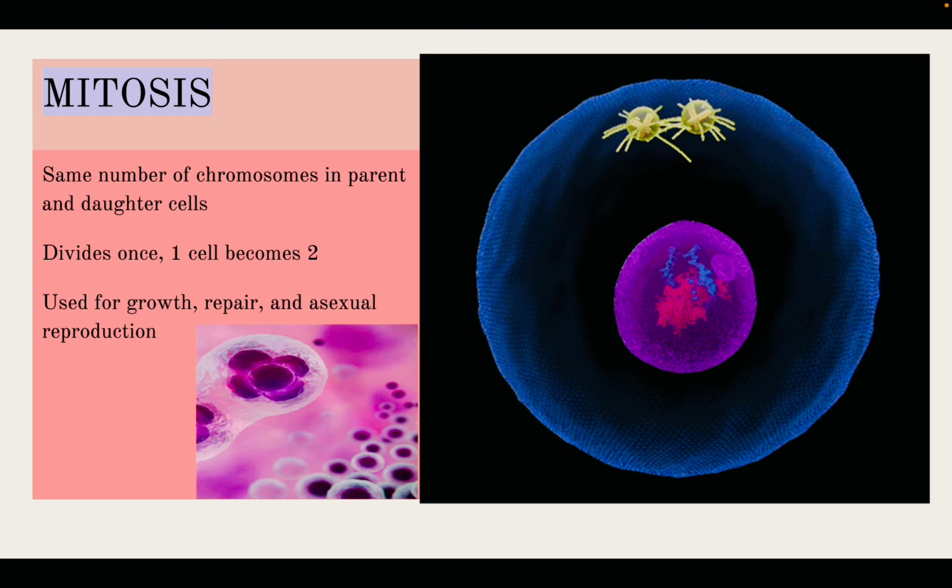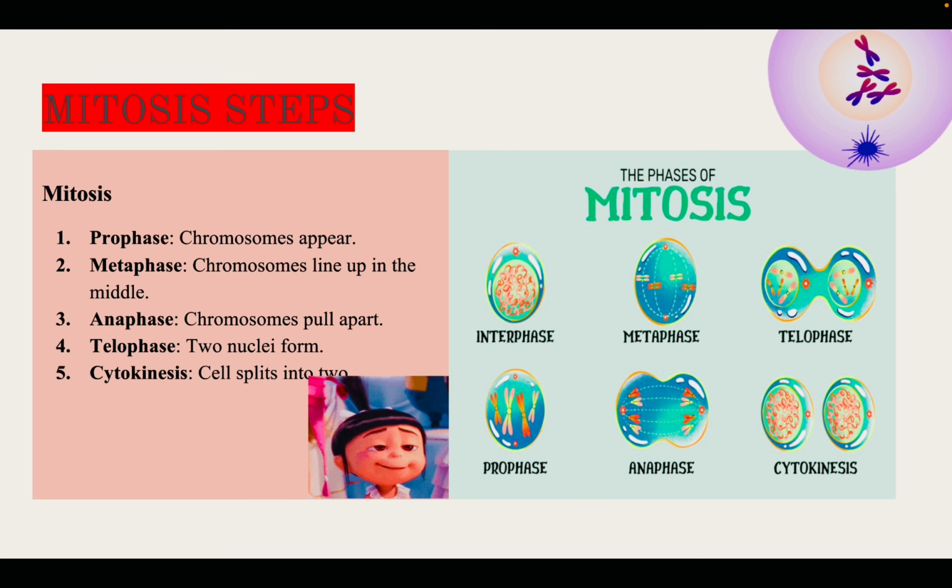And moving on, next we're gonna go through the steps of mitosis. So first we have prophase, which is when chromosomes start to become visible, and the nucleus starts preparing for cell division. And metaphase is when chromosomes align in the center of the cell to ensure there's even splitting.